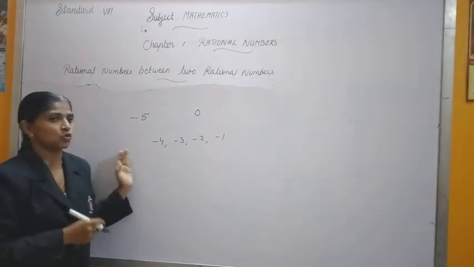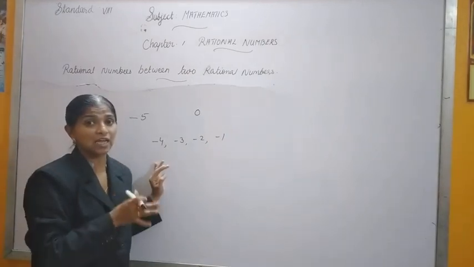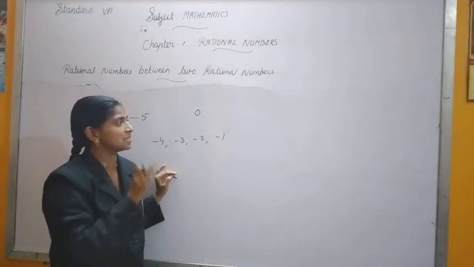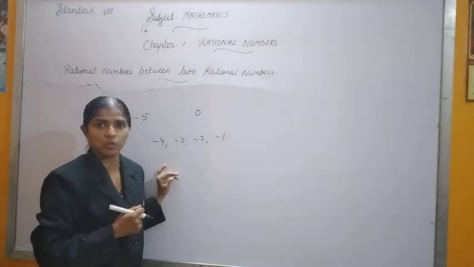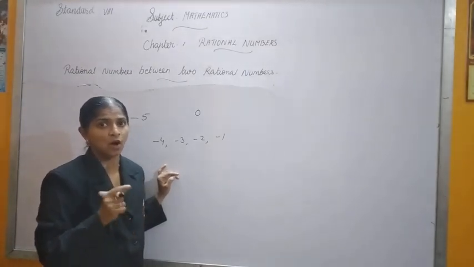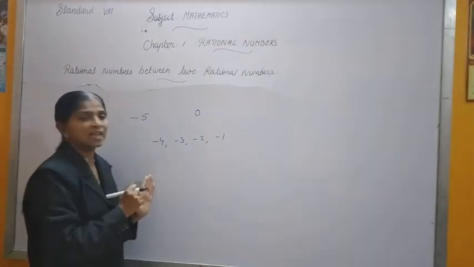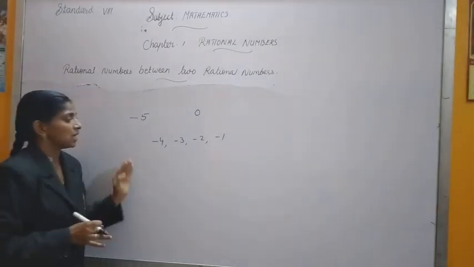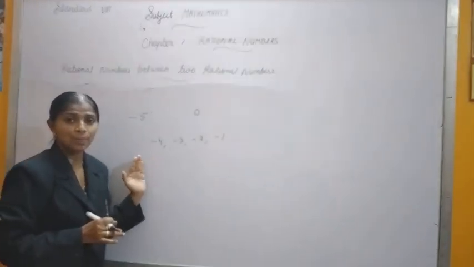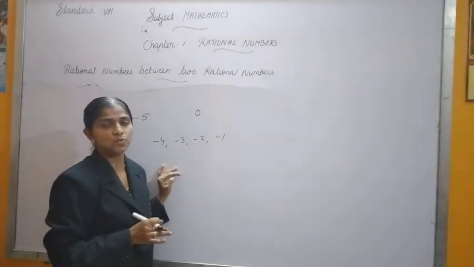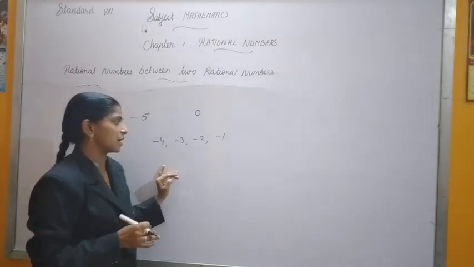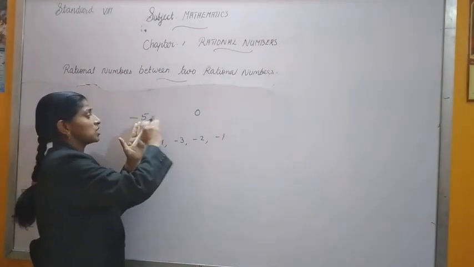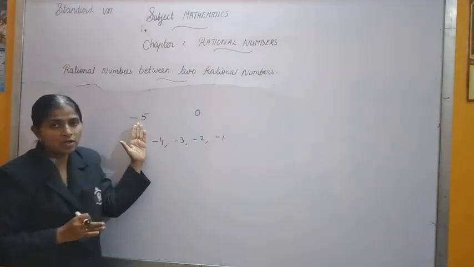If we take two integers, we get a finite number of integers between the given two integers. Finite number, countable. How many are there? We can count. But there are infinitely many rational numbers between given two rational numbers. There are infinitely many rational numbers between minus 5 and 0.